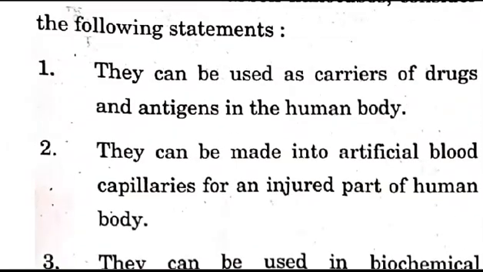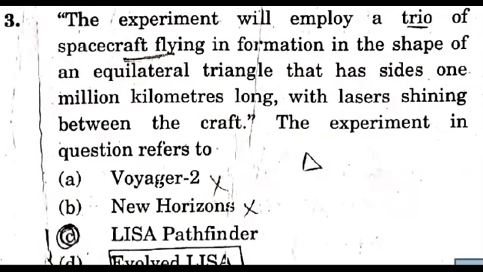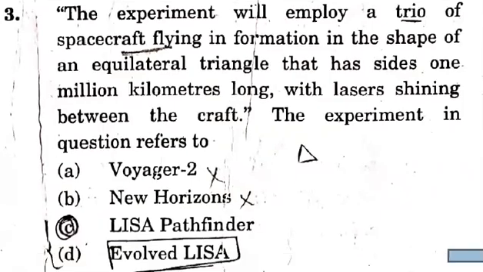Then question number 3. The question number 3 goes in this way. The experiment will employ a trio of spacecraft flying formation. For those who do not know what is meant by formation, whenever any aircraft group or fleet travel in the air, they make an arrangement.